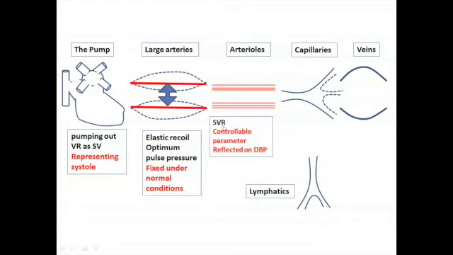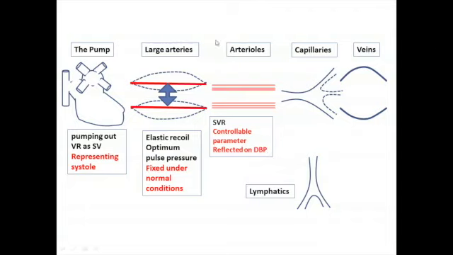And the systemic vascular resistance is a function of the arterioles, not the large arteries. In the arterioles, the media containing muscle fibers will contract and relax to maintain systemic vascular resistance within the normal range, which will be reflected on the diastolic pressure. So the systemic vascular resistance will be reflected mainly on the diastolic pressure.